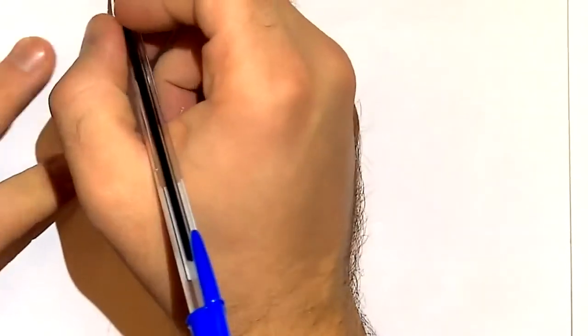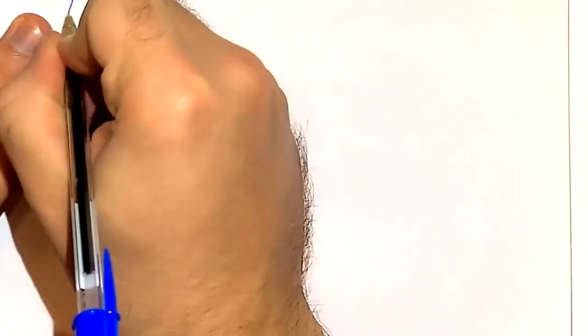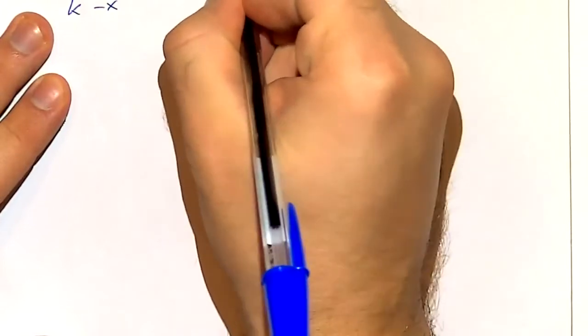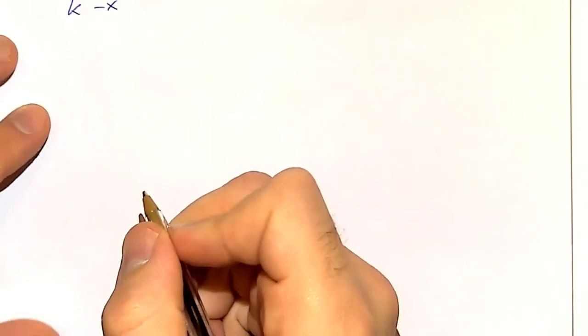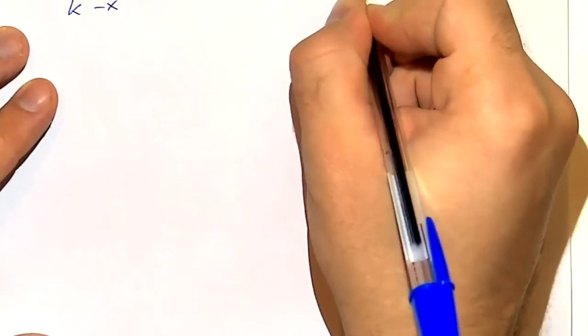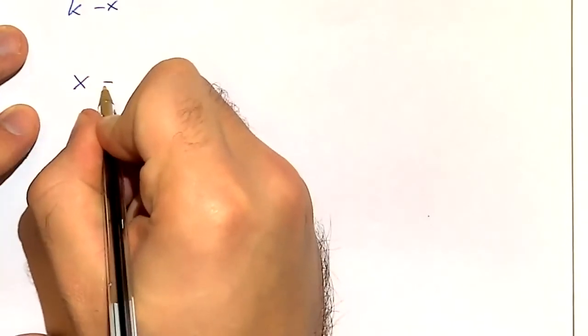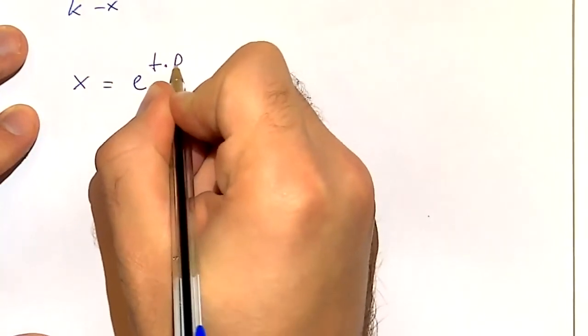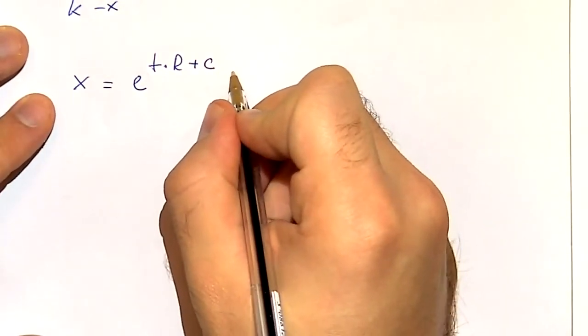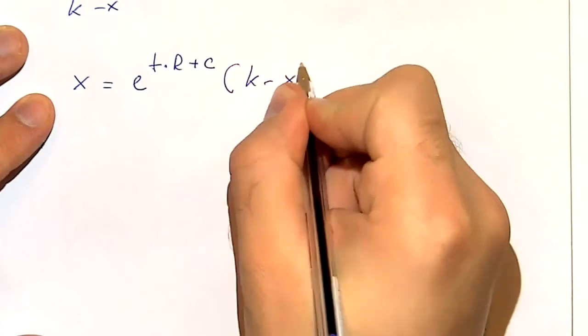So I have x over k minus x is equal to e to the power of t multiplied by r plus a constant. I multiply everything with k minus x, and I get x is equal to e to the power of t multiplied by r plus a constant, multiplied by k minus x. Okay.